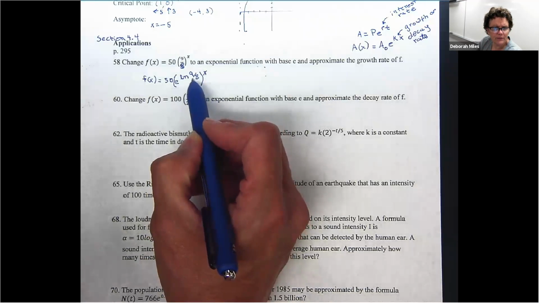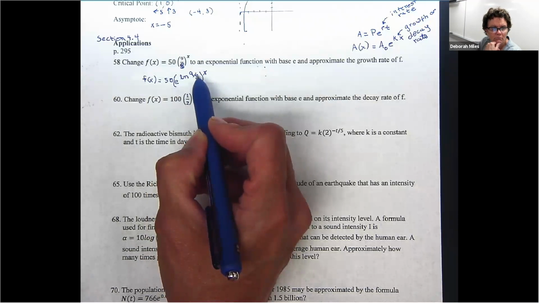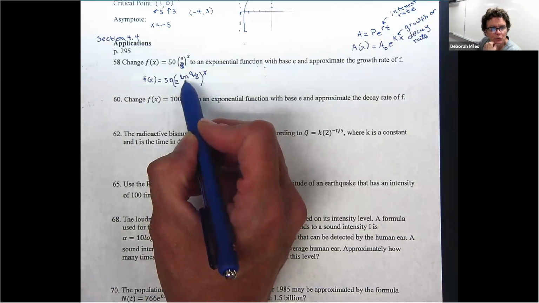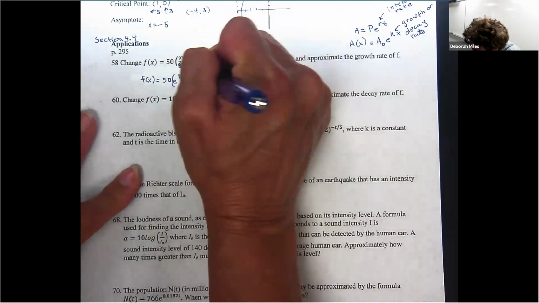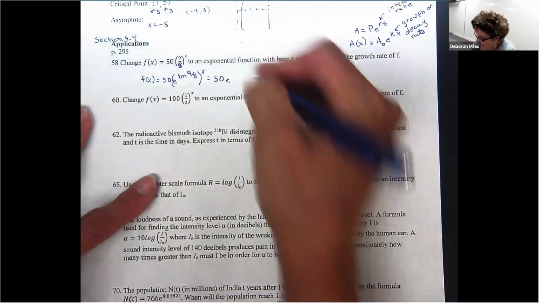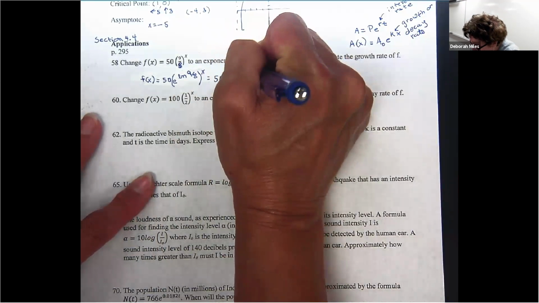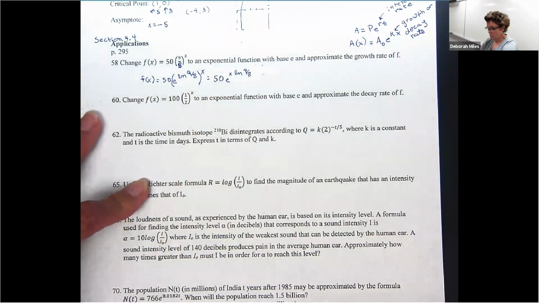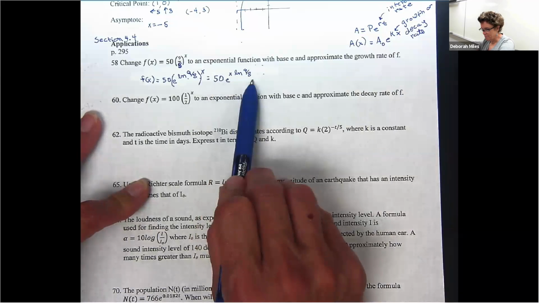When I raise an exponent to an exponent, what do I do with them? I multiply them. E to the natural log of 9/8 to the x is the same thing as e to the x times natural log of 9/8.